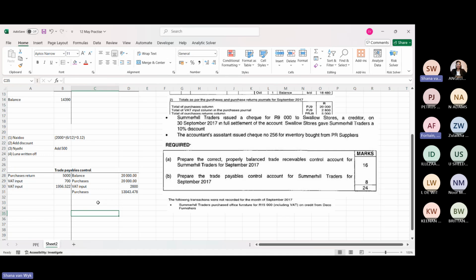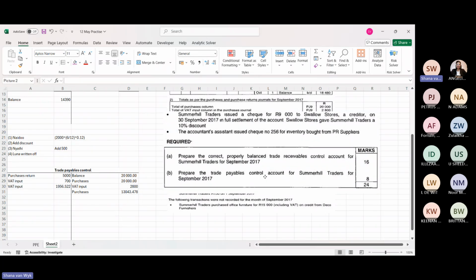VAT input, if we buy something, we get inventory in, so we're gonna receive money from SARS. So it should be debit, because it's gonna be an income. Yes, it's a debit. Okay, I'll just keep quiet. Yay! Okay. Cool beans.